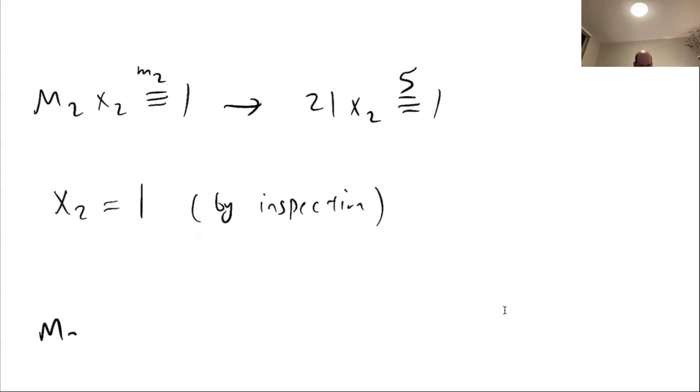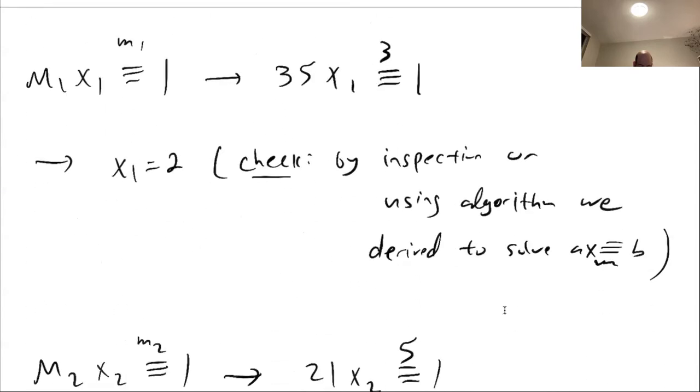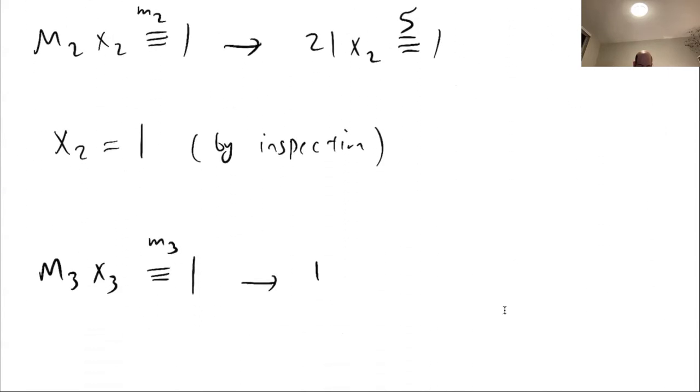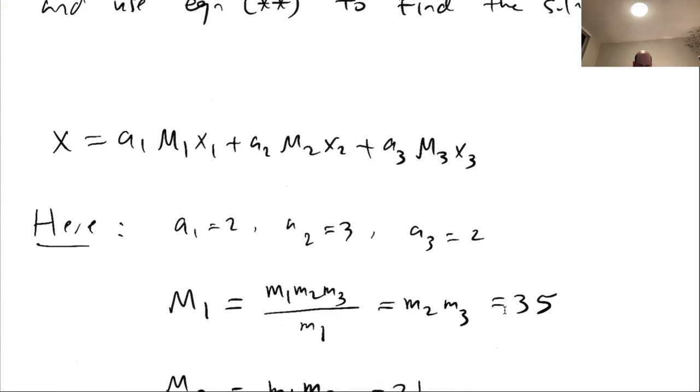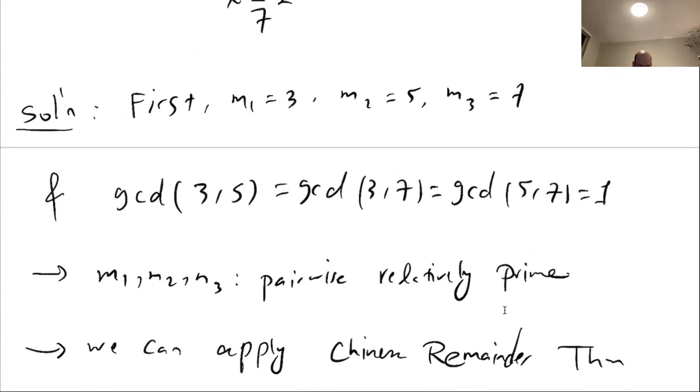Now M3 X3 equals 1 mod M3. So that means M3 was how much? M3 was 15. 15 X3 is 1 mod M3. M3 was 7.